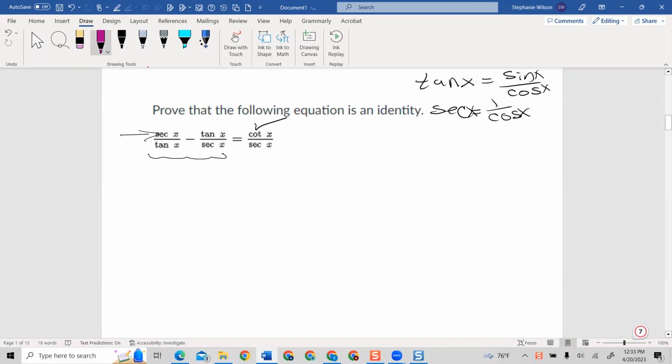Let's do this. I have a fraction subtracting a fraction, so the denominators need to be the same. I'm going to multiply top and bottom by secant here, and this one here by tangent.